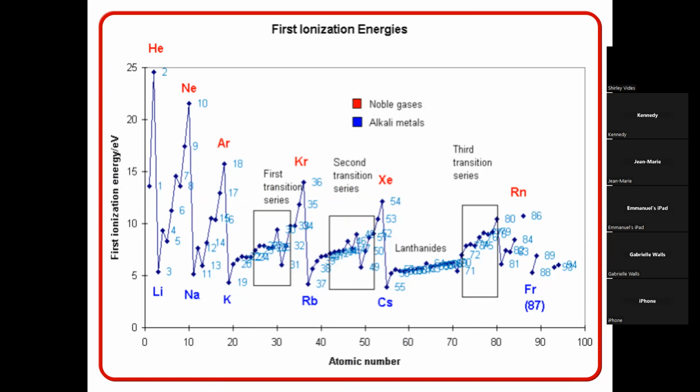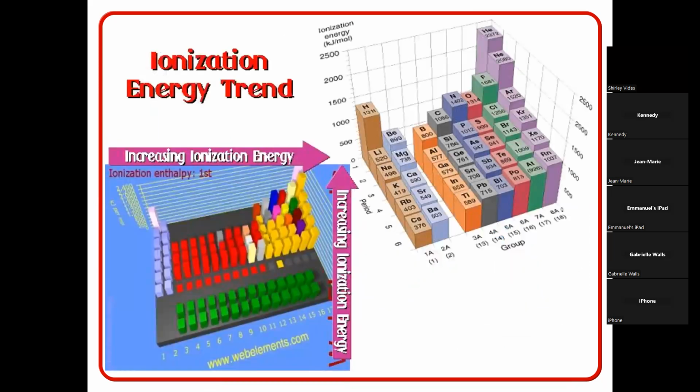All right. So the trend goes exactly the opposite as atomic radius. It goes from left to right and bottom to top. And it makes sense that it goes from bottom to top also, because if all you have is one electron or two electrons or three electrons, right?